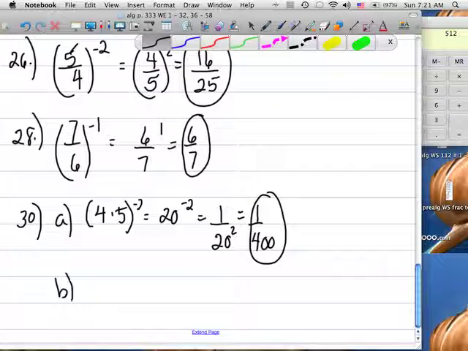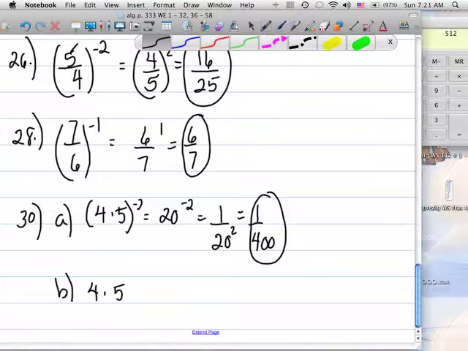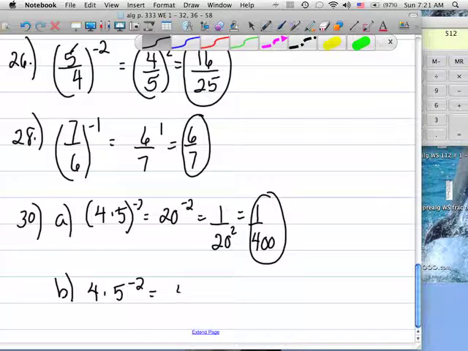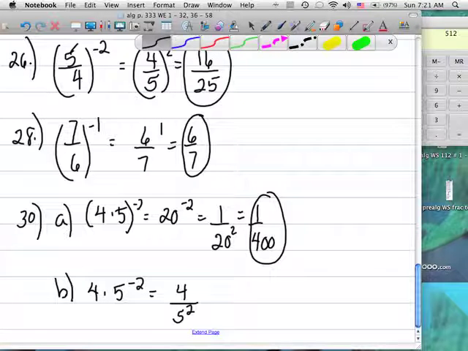Part B is to drop the parentheses and do 4 times 5 to the negative 2 power. So the power negative 2 belongs only to the 5. So we can move things. It'd be 4 over 5 squared. 5 to the negative 2 goes down, so that's 4 over 25.